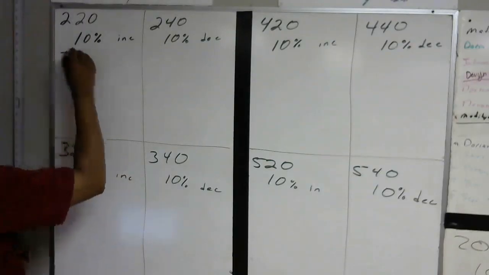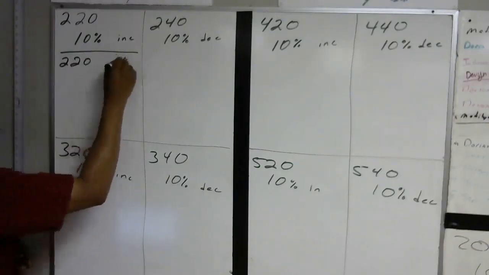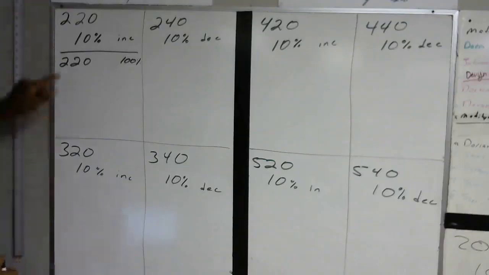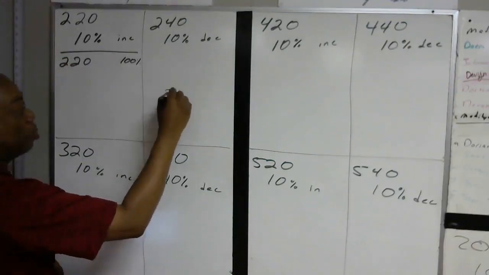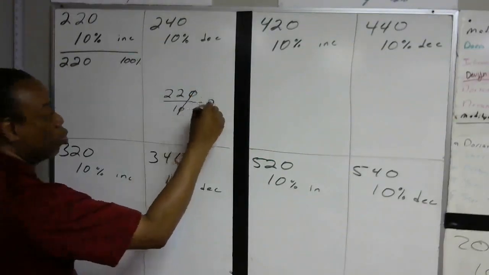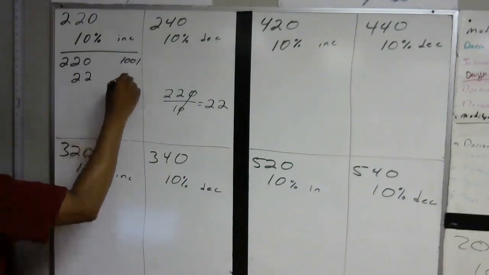So first, 220 represents 100%. That's the original number. 10% of 220, we basically take 220 and divide it by 10. And we end up with 22. Okay, so 22 is actually the 10%.